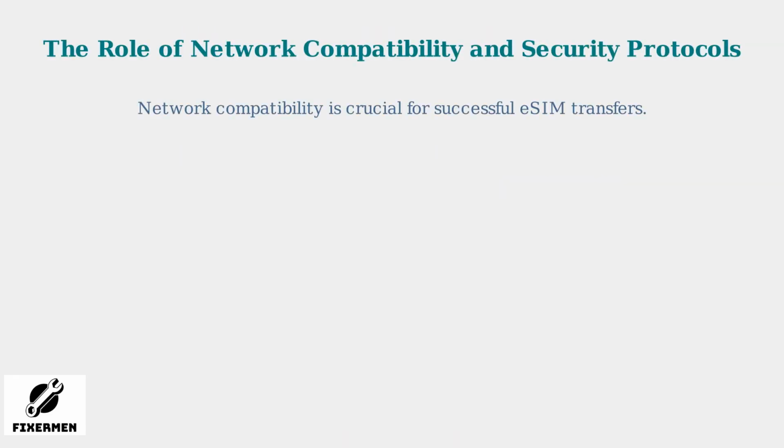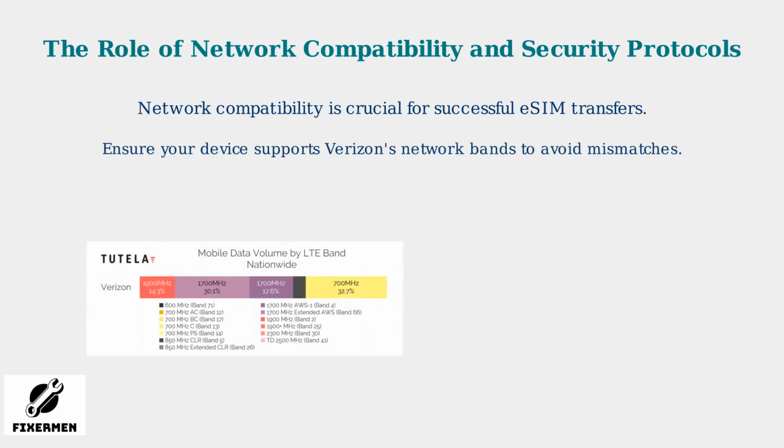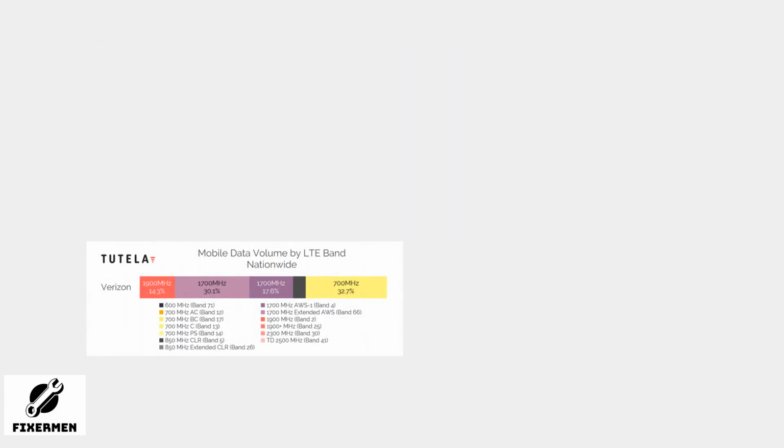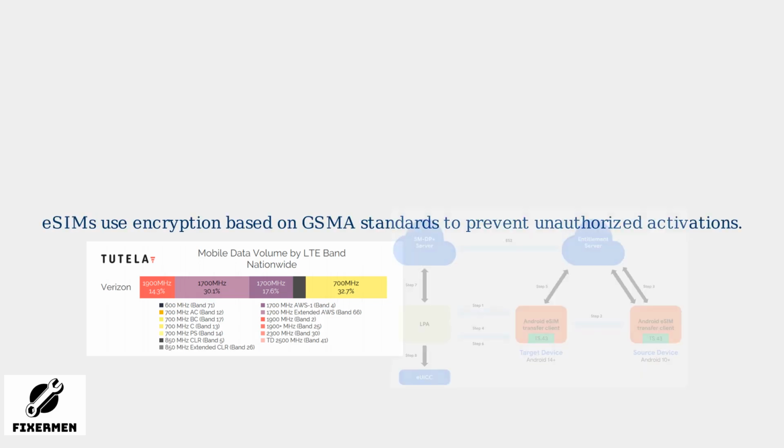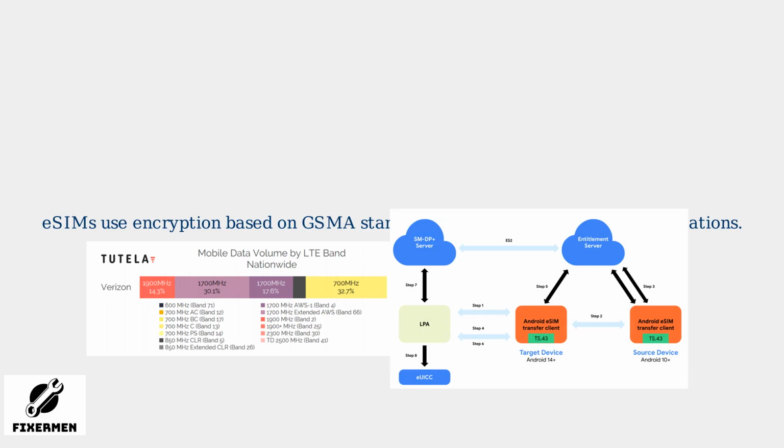Network compatibility plays a critical role in successful eSIM transfers. Your device must support Verizon's specific network bands to ensure seamless connectivity and avoid mismatches that can cause transfer failures. Security protocols are equally important. eSIM technology relies on encryption standards developed by the GSMA to protect against unauthorized activations and ensure data integrity during transfers.